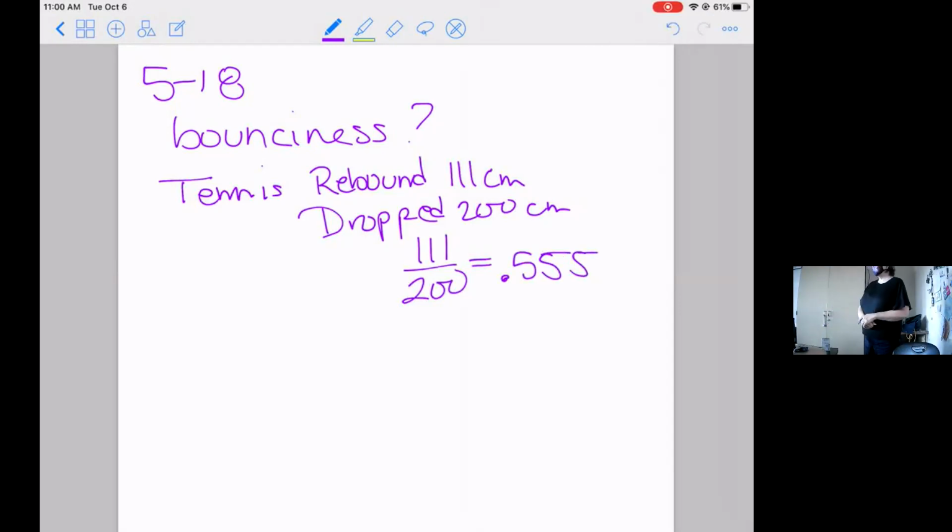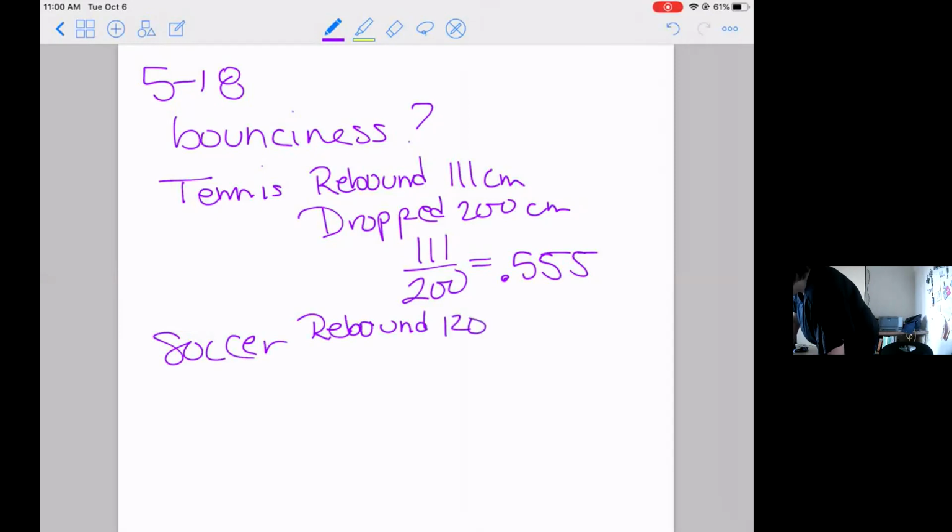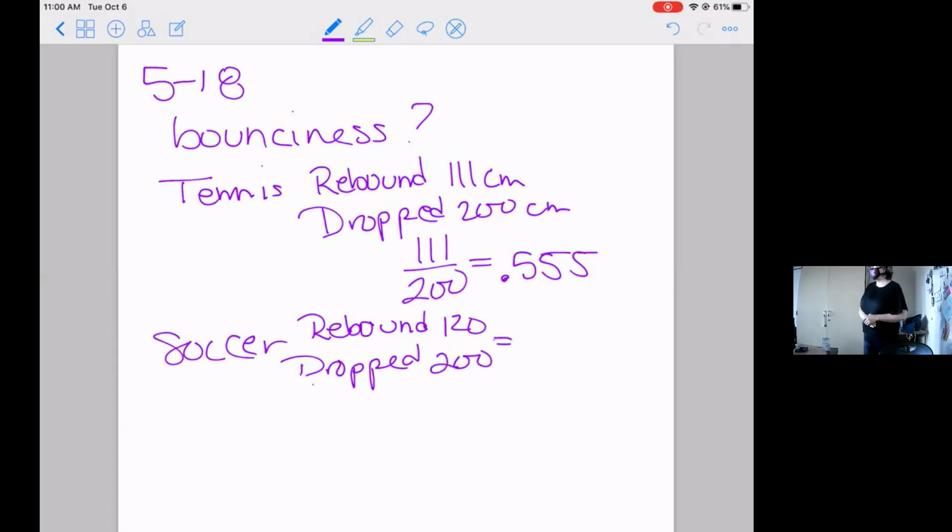Okay. Could I do that for all the other ones too? So let's do that. The next one is a soccer ball. It rebounds 120 when it is dropped from 200. Okay, so what's its rebound?